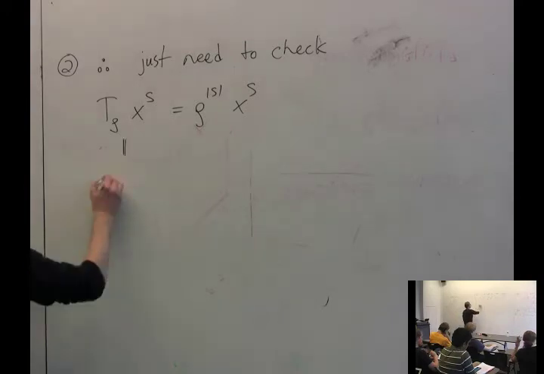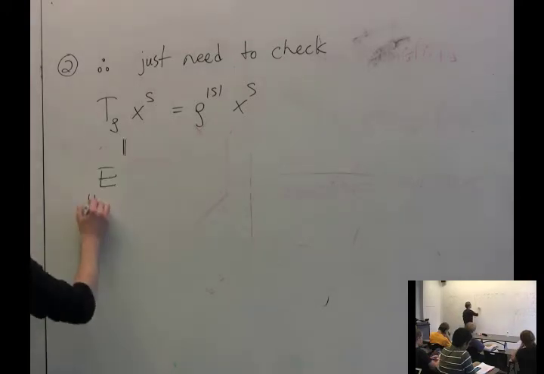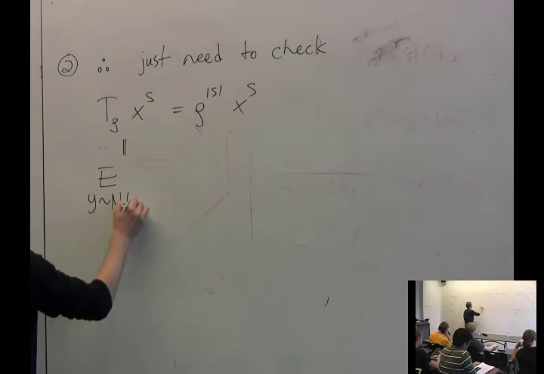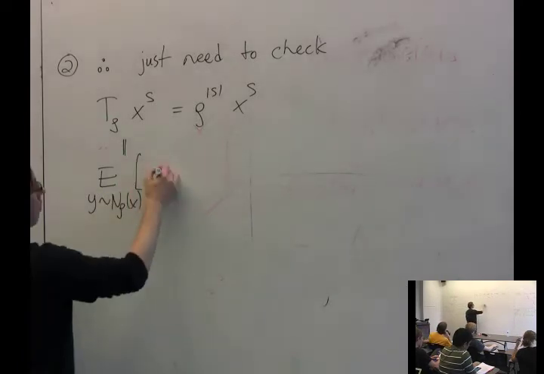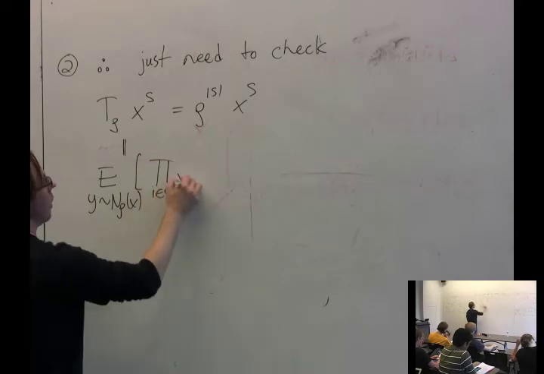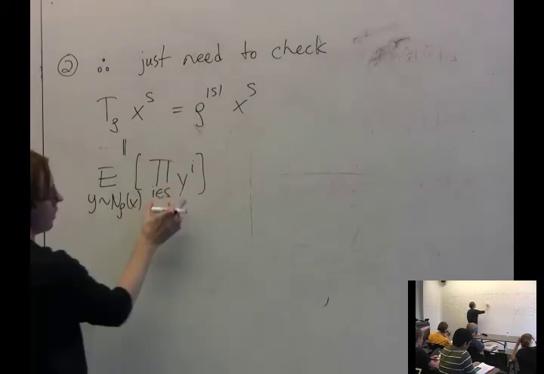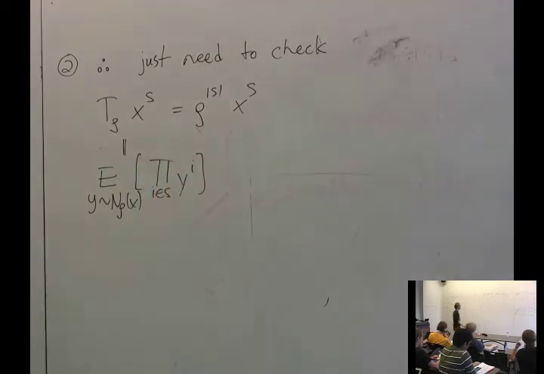Just by definition, this is the expected value over y, rho correlated to x, of the product over i in S of y_i. This is y^S.